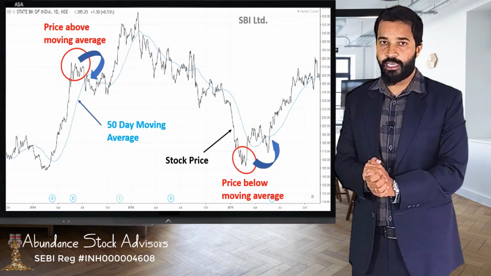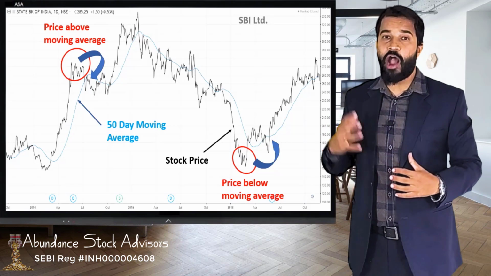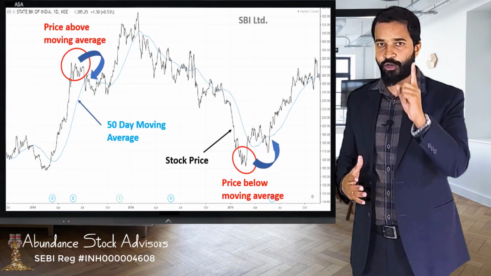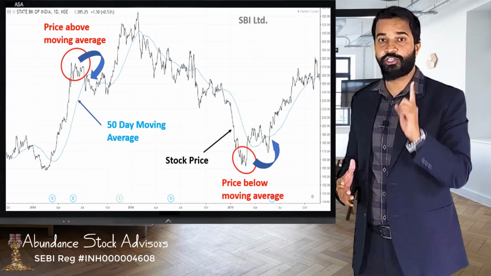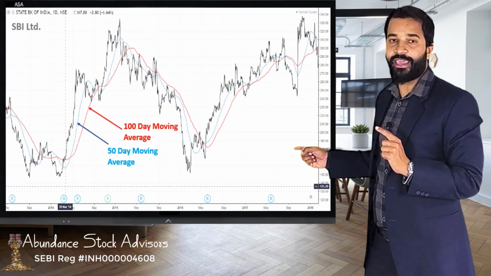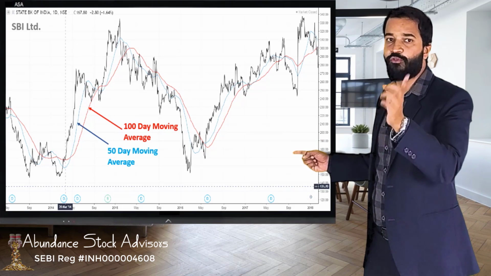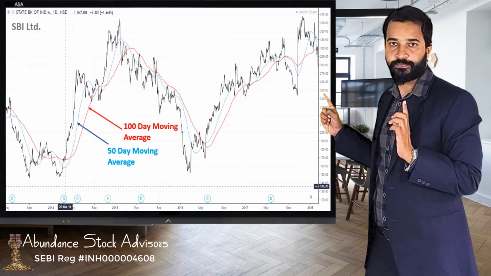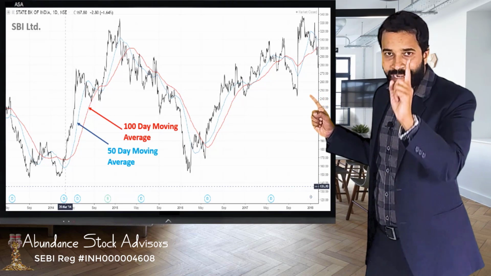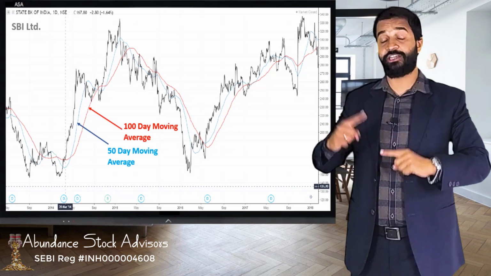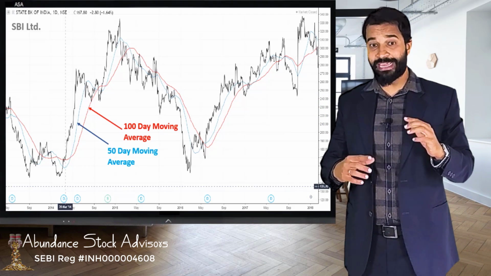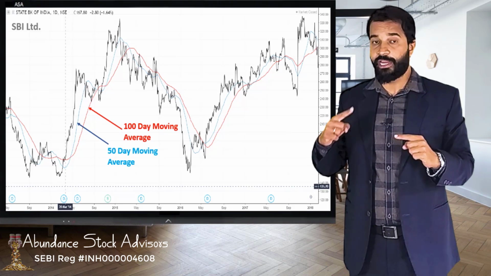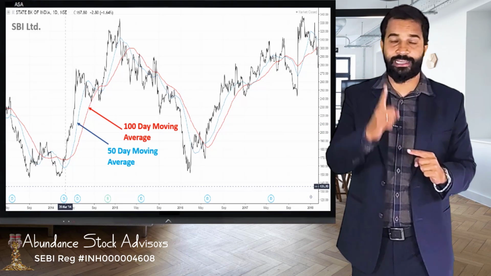To understand this, we must first understand how multiple moving averages can be plotted on a chart. So consider the chart of SBI with 50-day and 100-day moving averages both plotted on the chart. When multiple moving averages are moving directionless and making a zigzag pattern, it shows that the stock is consolidating.